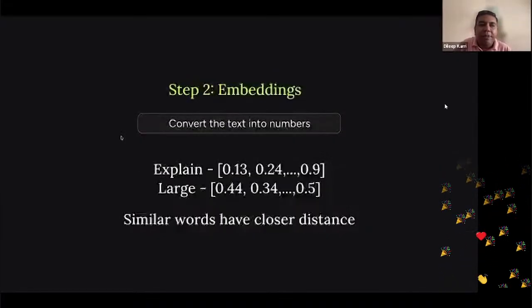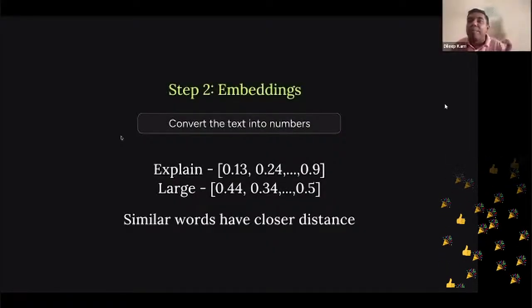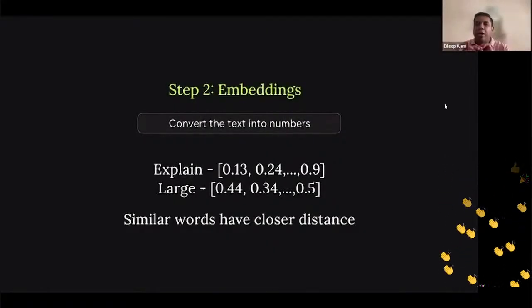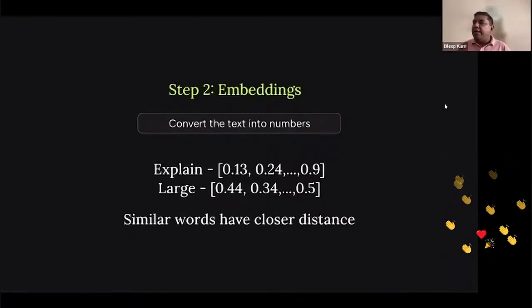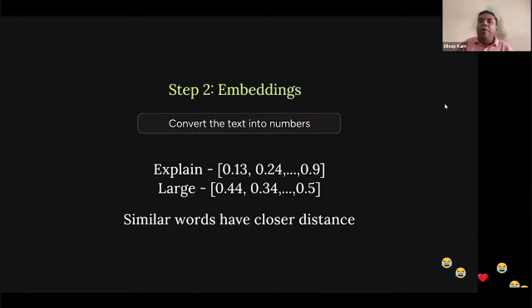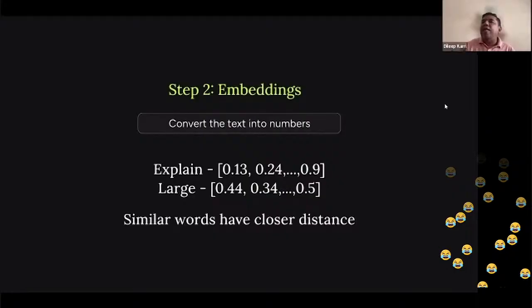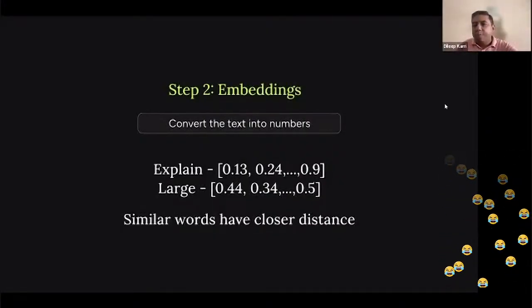After breaking it up into small pieces, the next thing it does is something called embeddings. Now, what is embeddings? Very simple. I'll not complicate it. Like how humans understand English, computers understand mathematics. Now imagine you are talking to a French person.